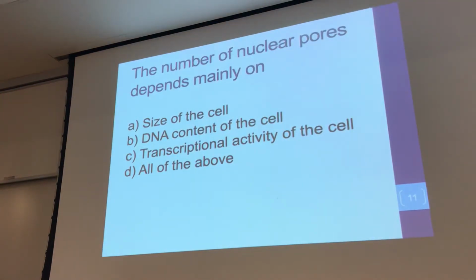So the number of nuclear pores is not the same in all cells, and it can depend on different things. So what do you think it depends on?